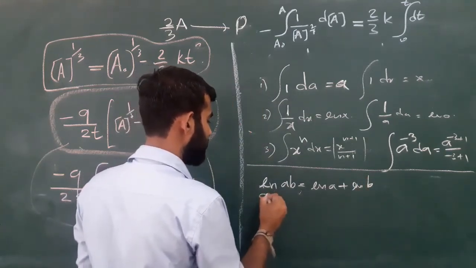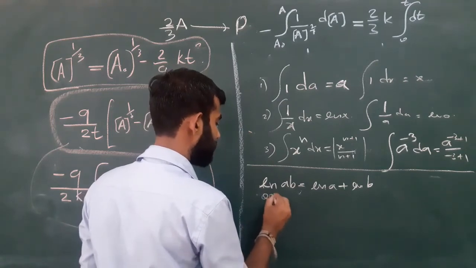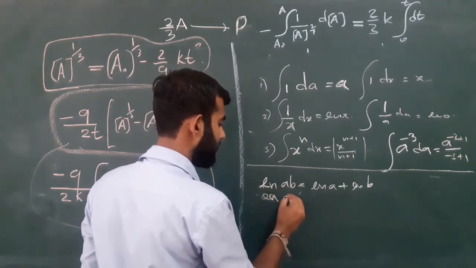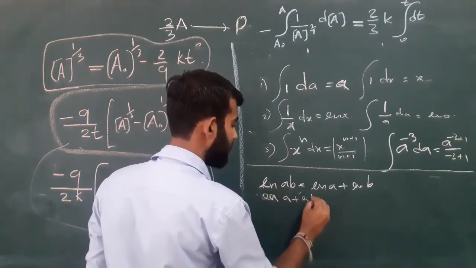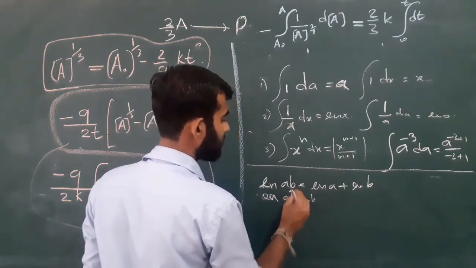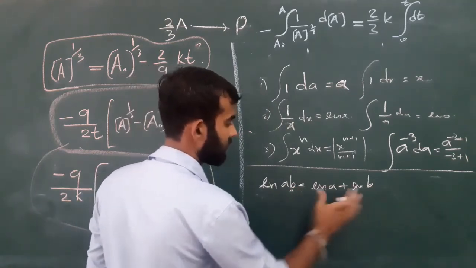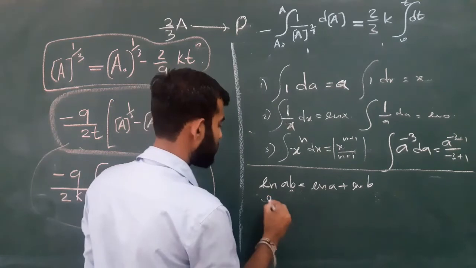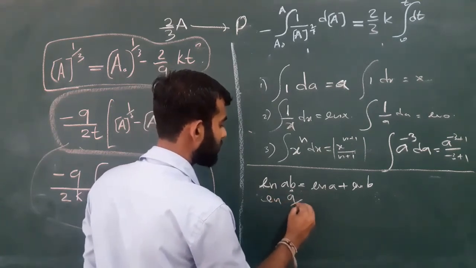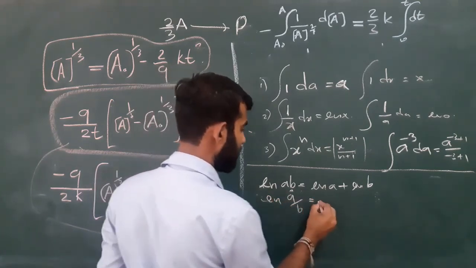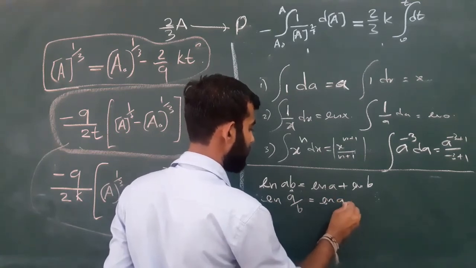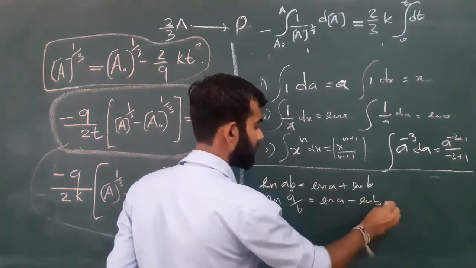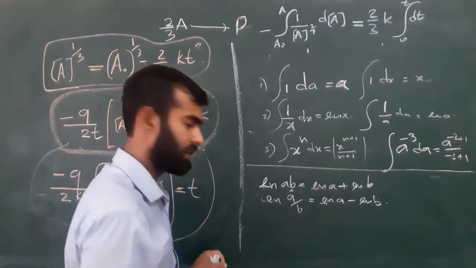If they have given ln a plus ln b, this is the answer, the opposite side of this part. If they have given ln A divided by B, we can write ln A minus ln B.